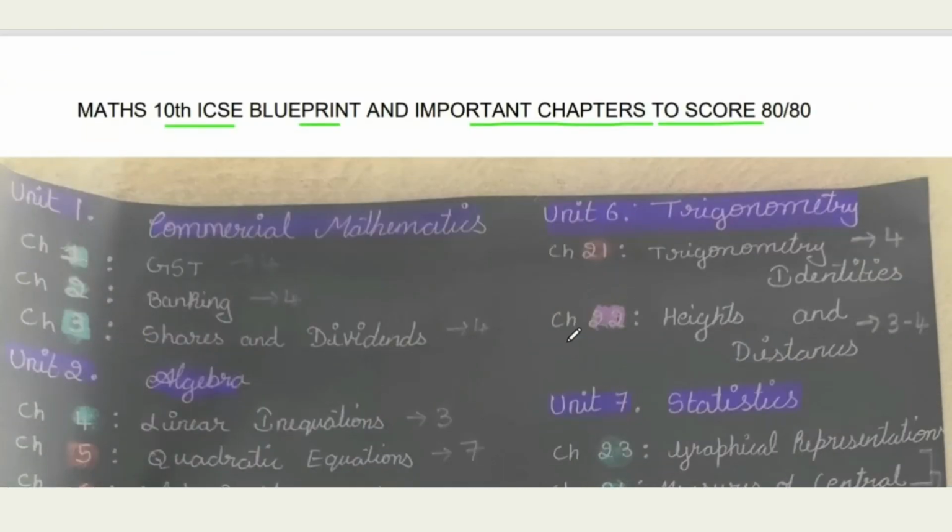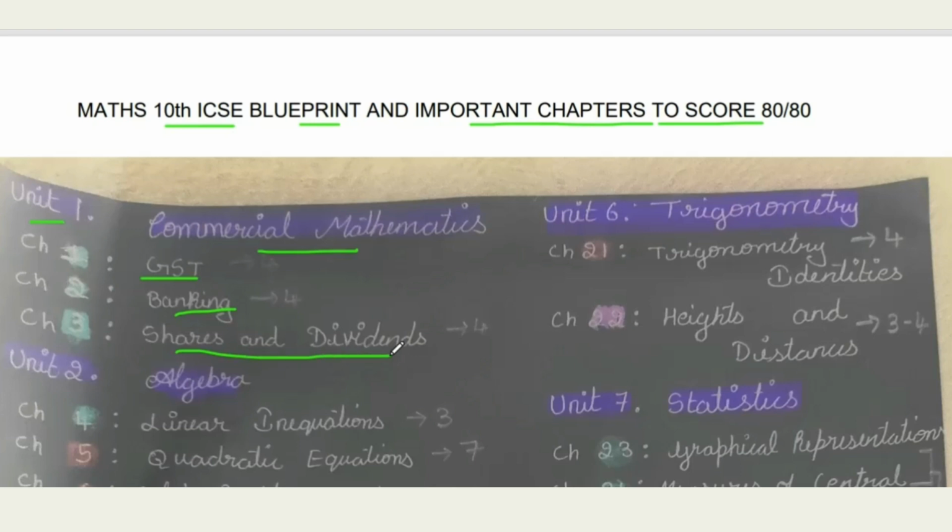See, now the first unit is commercial mathematics. In this we have three chapters, which are GST, banking and shares and dividends.